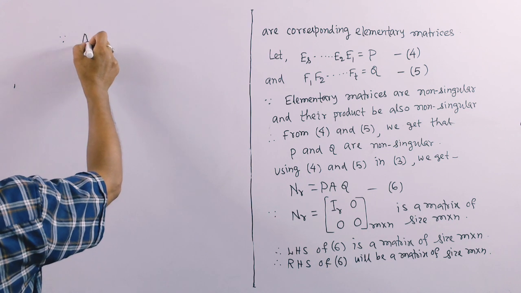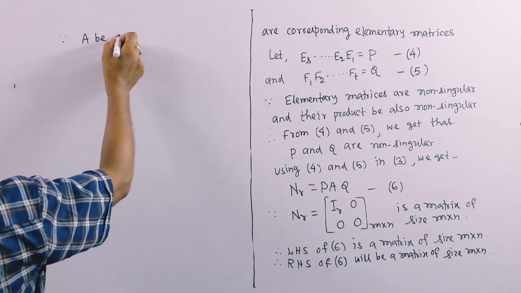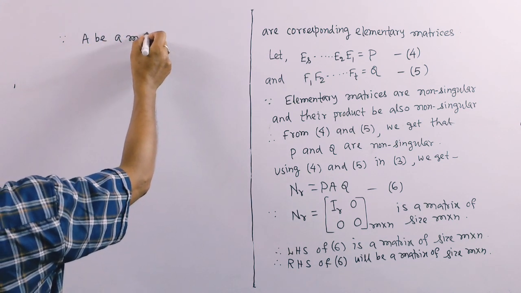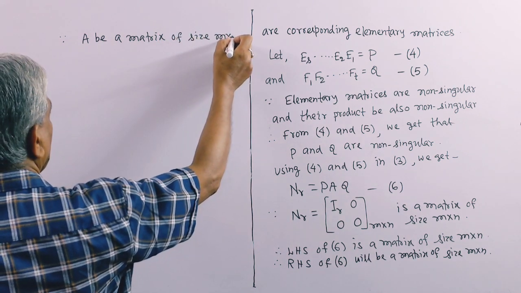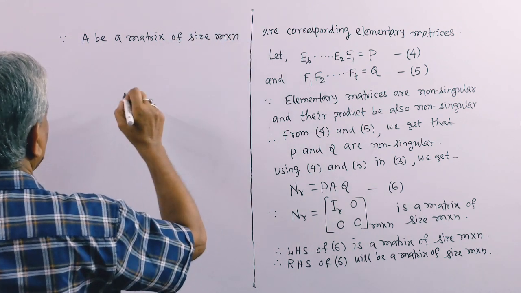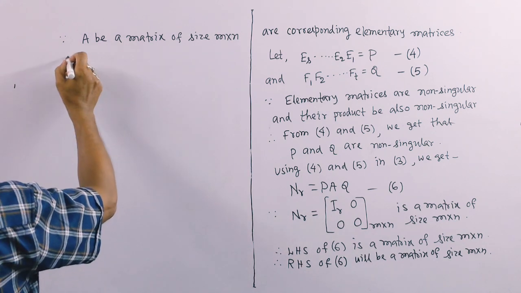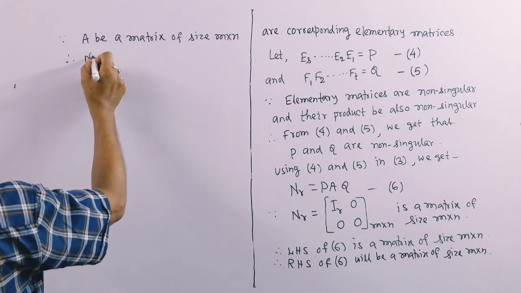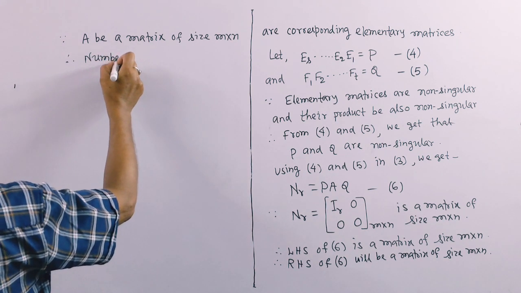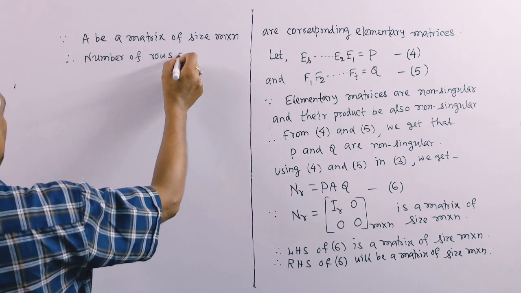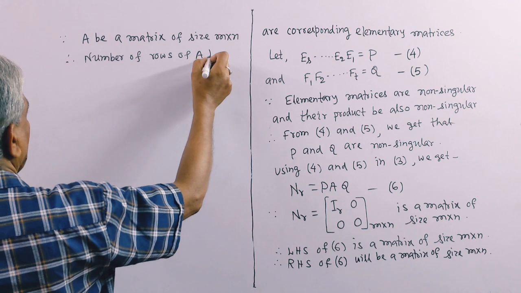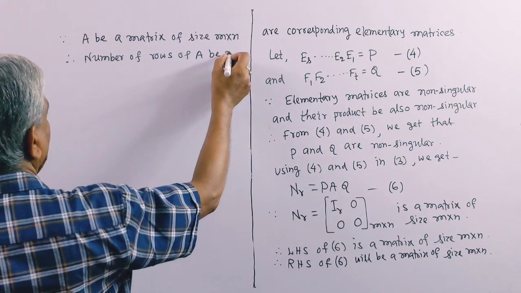Since A is a matrix of size m by n, the number of rows of A is m.